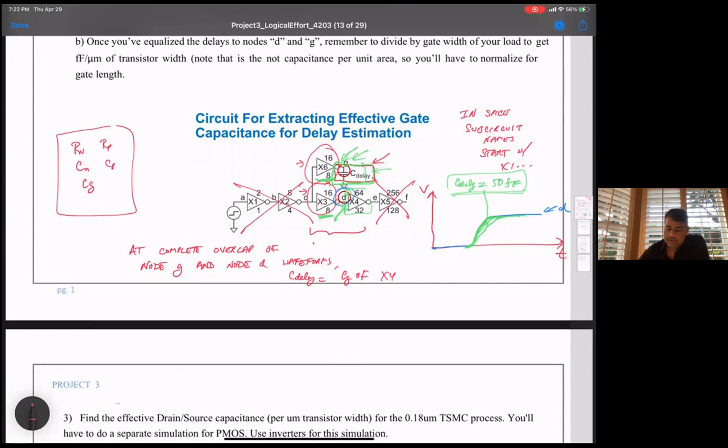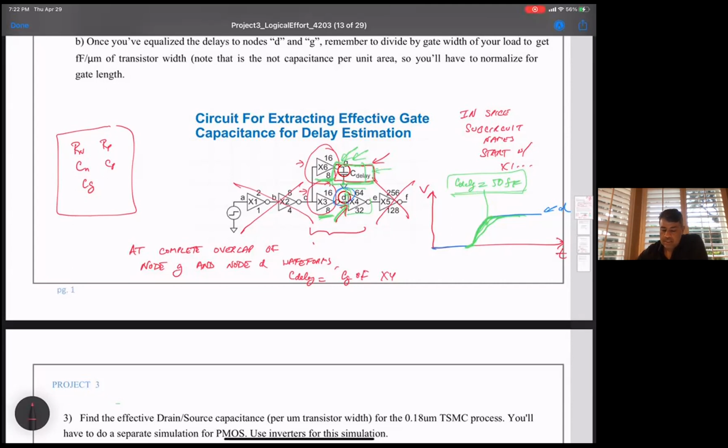You can't quite get a complete overlap, because C delay is a perfect linear constant capacitor, and the gate capacitance of the transistors, for NMOS and PMOS, as we'd seen in the transistor lectures, is nonlinear. It changes as the voltage on them changes.